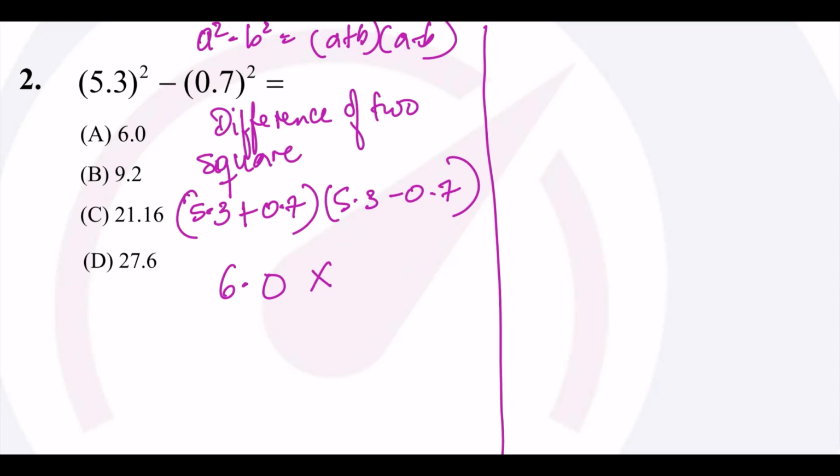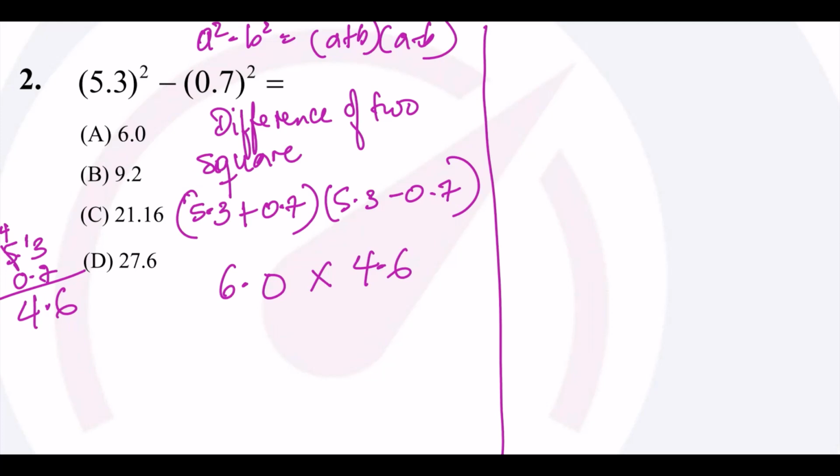So you carry, 13 subtract 7 leaves us with 6, and then 4 subtract 0 leaves us with 4, so we get 4.6. So we have 6 multiplied by 4.6.